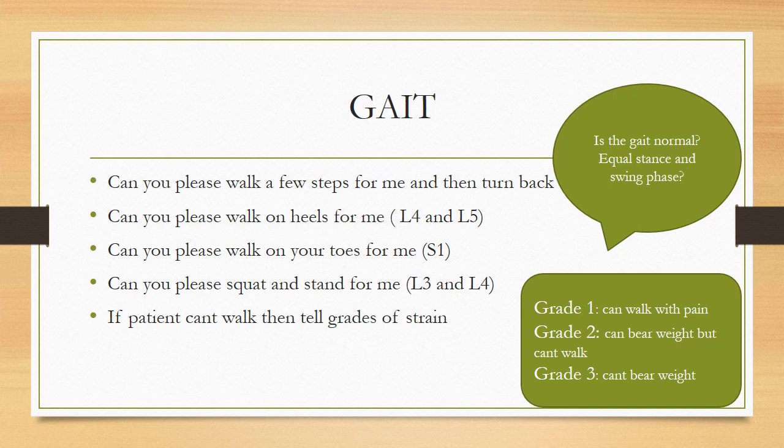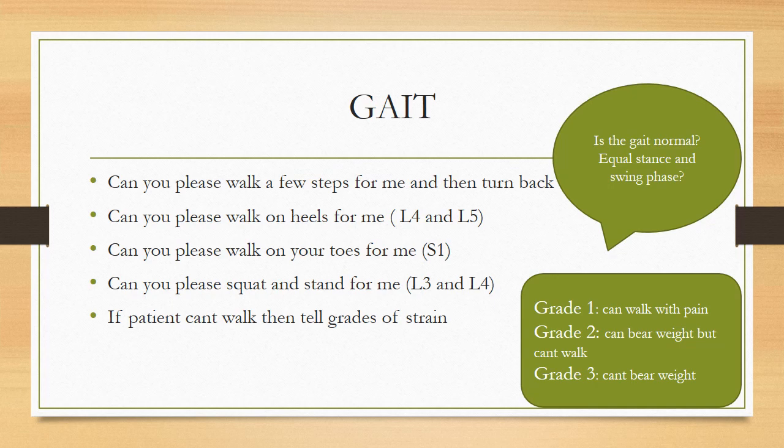But if the patient walks, then you have to comment on whether the gait is normal, whether the stance and swing phases are equal or not, or if there is any particular type of gait present, like waddling gait, spastic gait, cerebellar gait or Parkinsonian festinant gait. Once you have commented on whether it was a normal gait or not, you ask the patient to please walk on their heels for you.